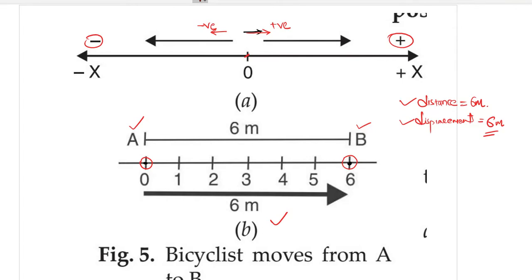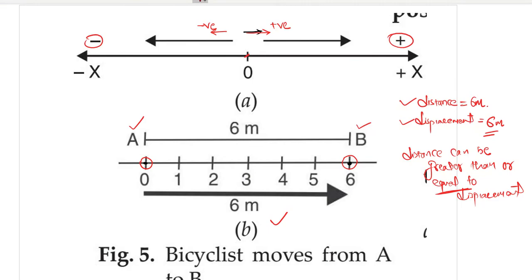But let me tell you one point, that distance can be greater than or equal to displacement. And in this case, we are looking at the second case, that is equal to. Distance can be greater than displacement, or distance can be equal to displacement, right?